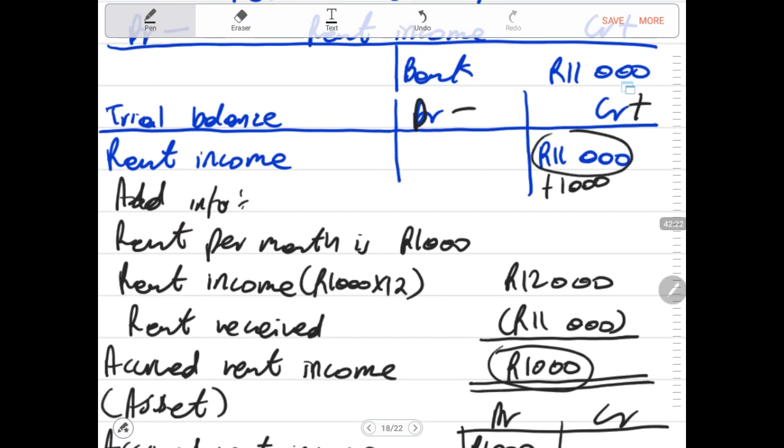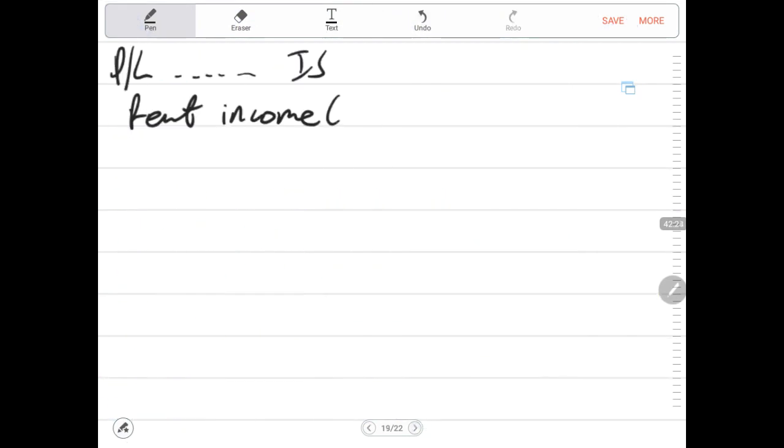So you would have first recorded 11,000, which is underestimated by 1,000 rands. So we should be increasing this by 1,000 rands and it becomes 12,000 rands.